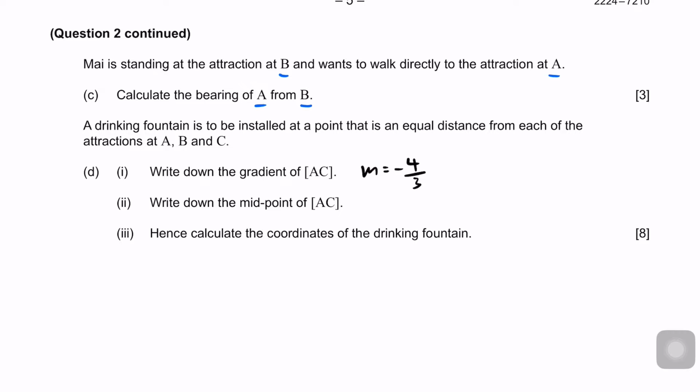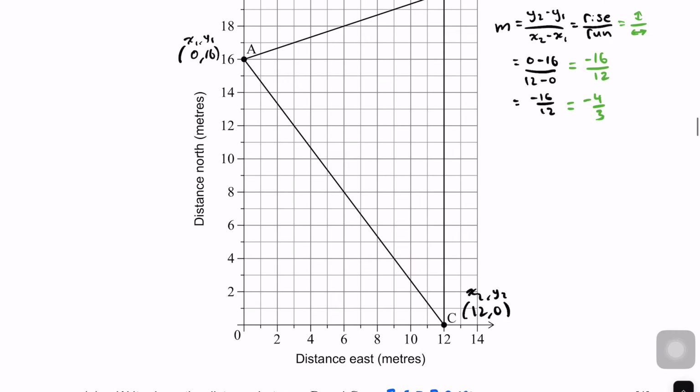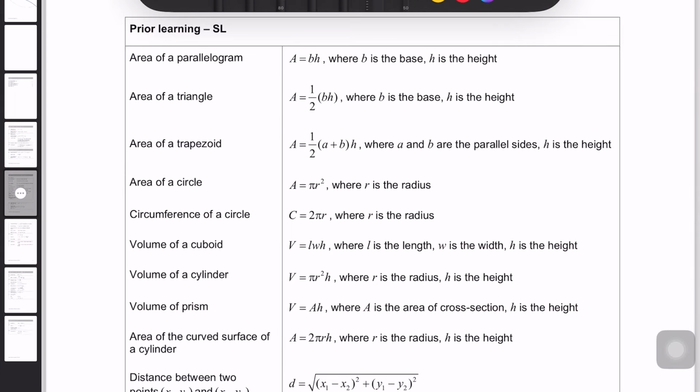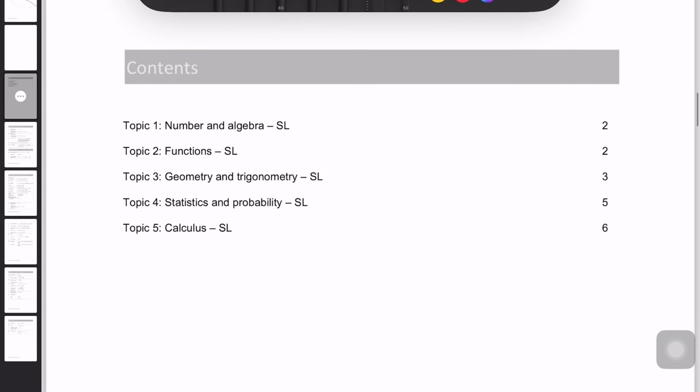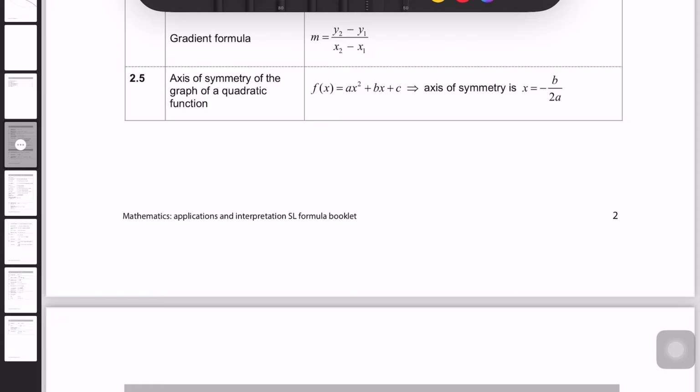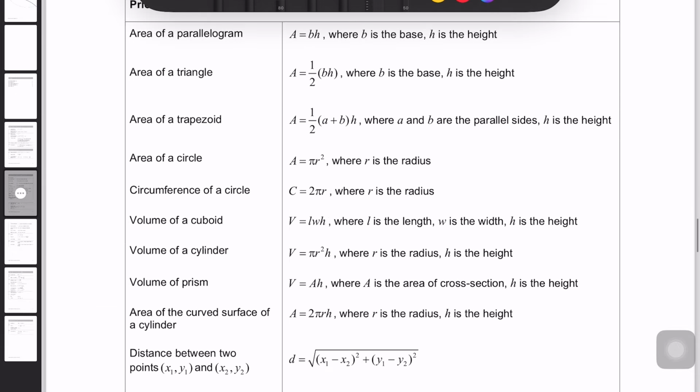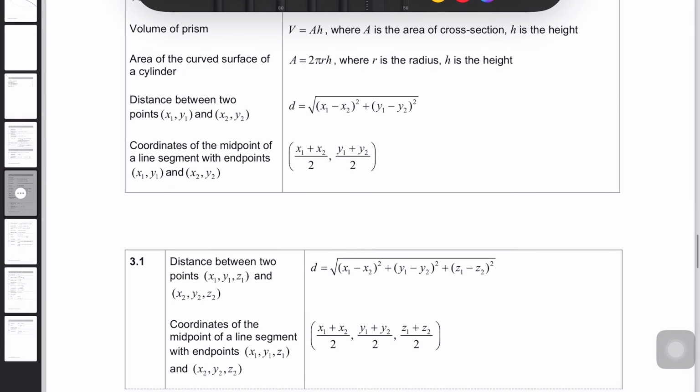Write down the midpoint of AC. The midpoint, remember, is also given in our formula booklet under coordinate geometry. I'll actually bring that up now. Here we go, coordinates of the midpoint.